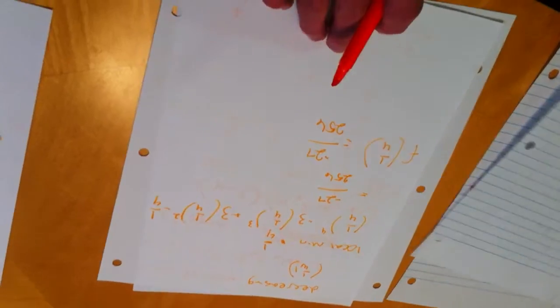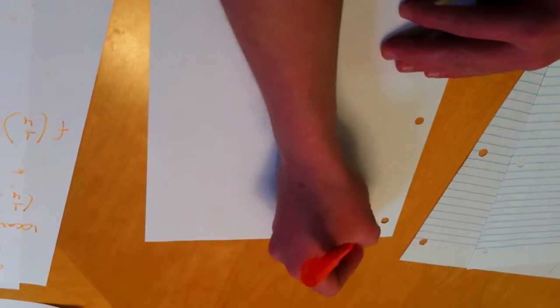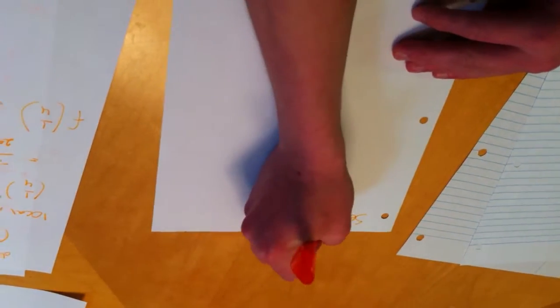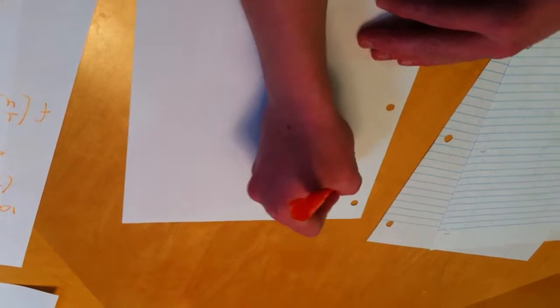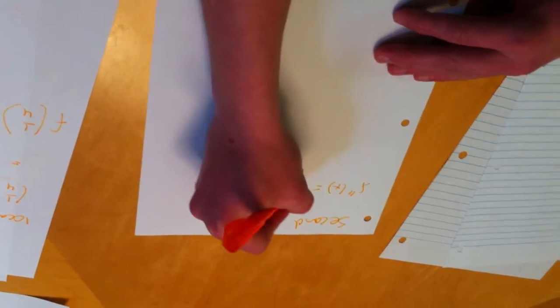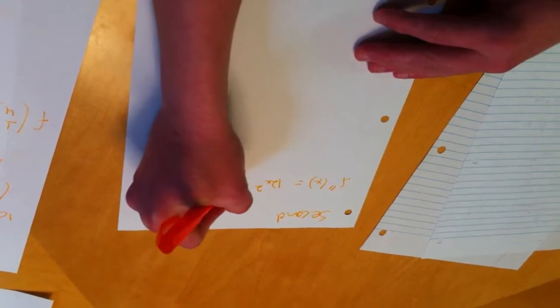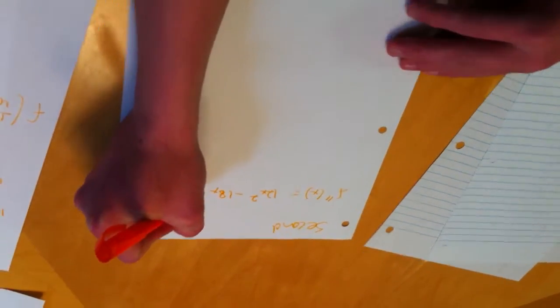So now for the second derivative, you find the derivative of your last equation, which ends up giving you 12x squared minus 18x plus 6.